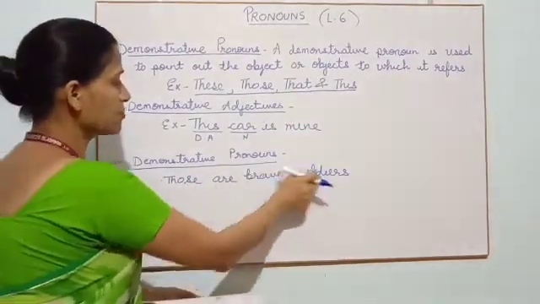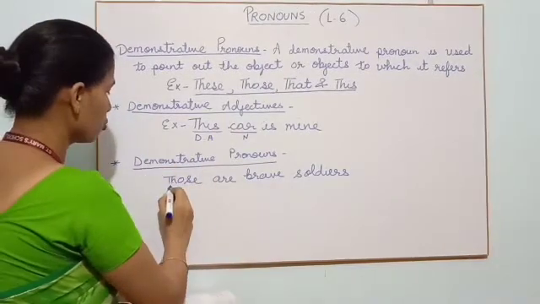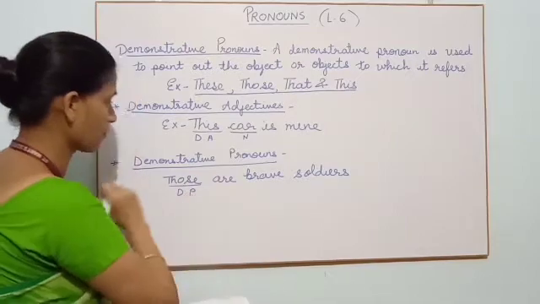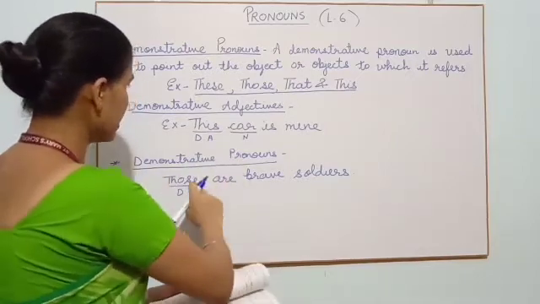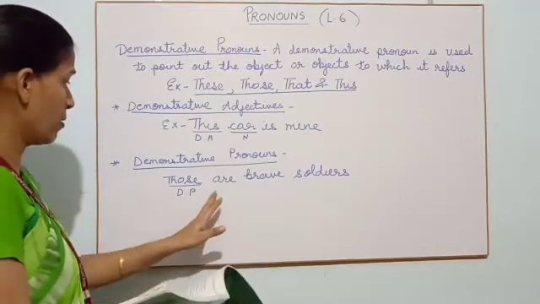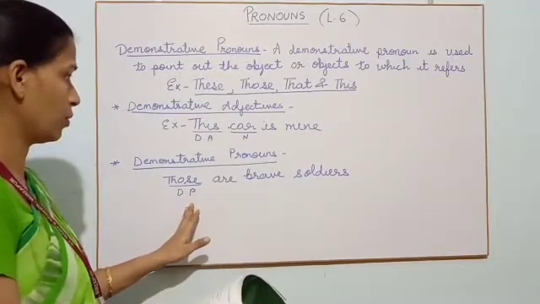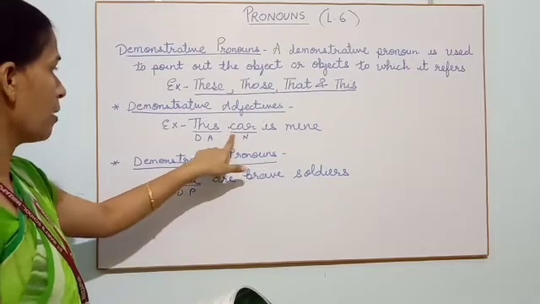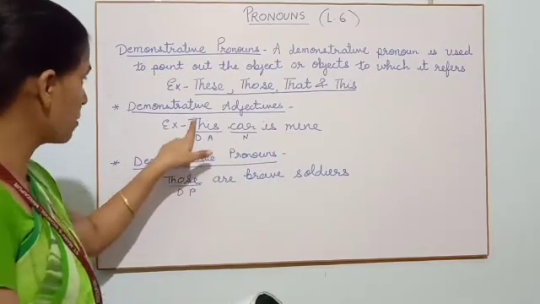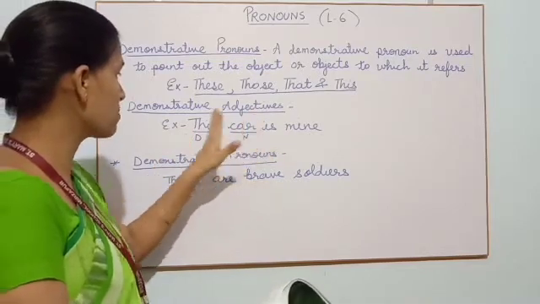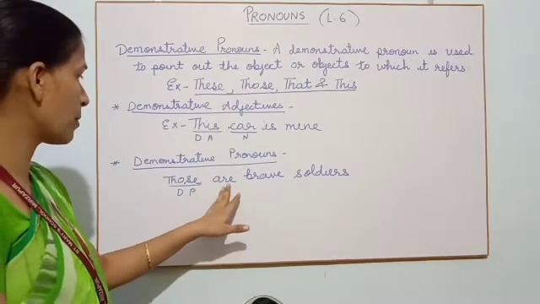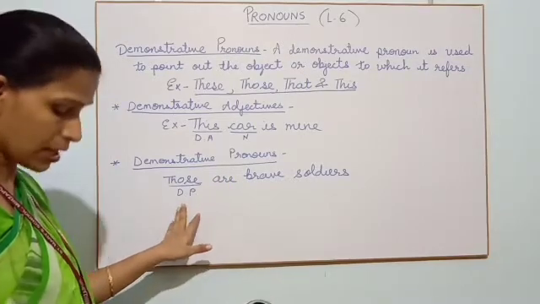Those are brave soldiers. Now, those is your demonstrative pronoun, and you can see that those is not before the noun. Here, before the noun we have a demonstrative adjective. Demonstrative adjectives always come before the noun, but here you can see those is not coming just before the noun.